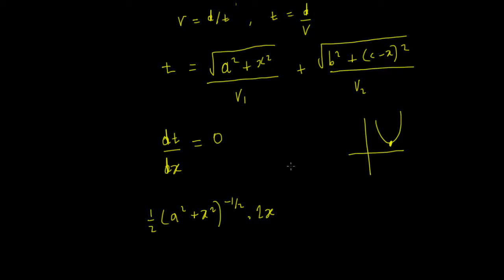And for the second part, we're going to have a half of (b squared plus (c minus x) all squared) to the power of minus a half, and then differentiate what's inside it, we're going to have the minus sign for the x, and we're going to have 2(c minus x).